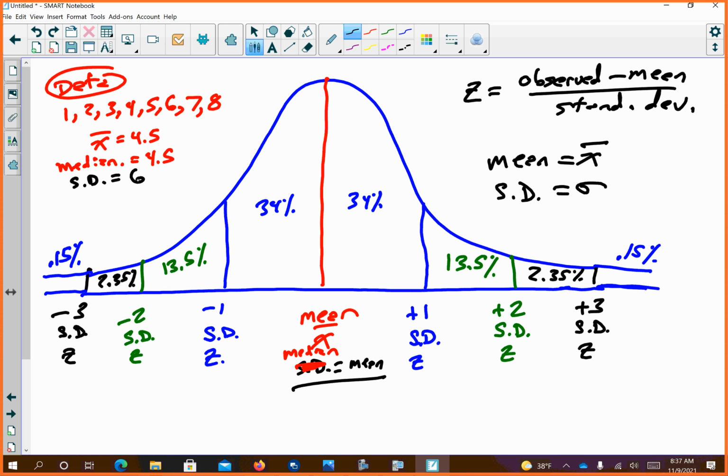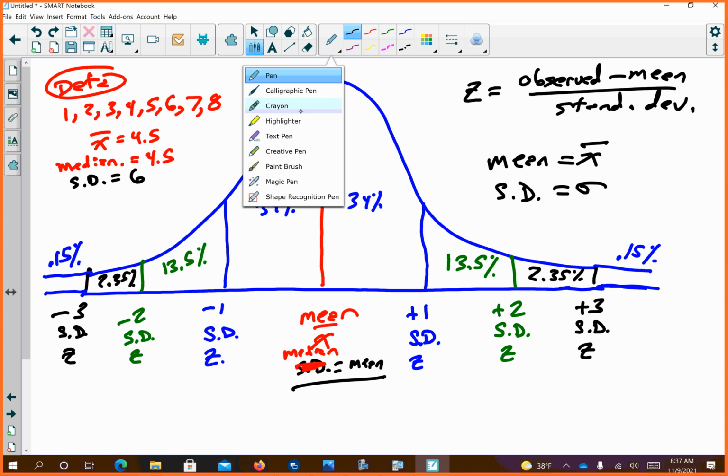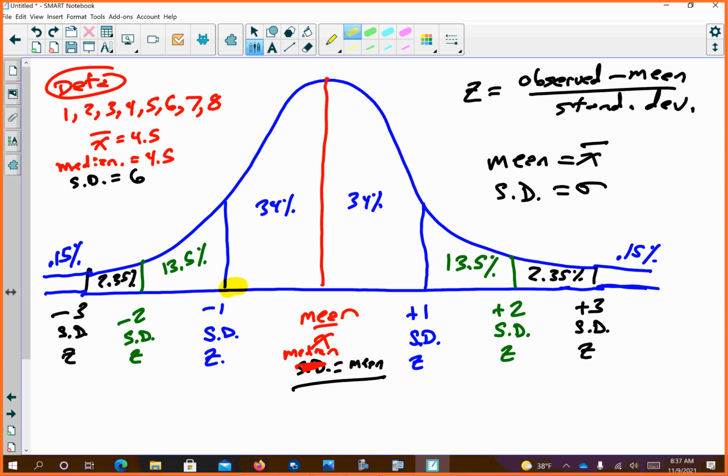Let me see if I can do this right. Okay, I'm going to try something. It's going to be good. So that yellow encompasses 68%. I'm trying it without a net. It doesn't work. Between that, we have 95% of our data.